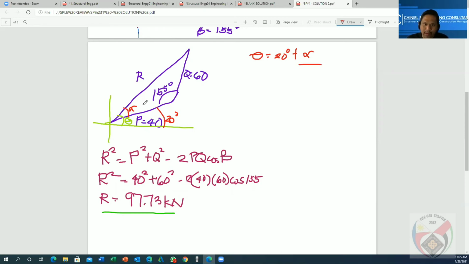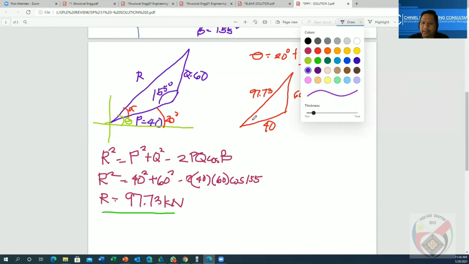Okay, so we are going to calculate alpha. How to calculate alpha? It's either you can use sine law or cosine law. So we will try to use both. Tanggalin natin yung triangle na yan. So this is 60, this is 40, and this is 97.73.